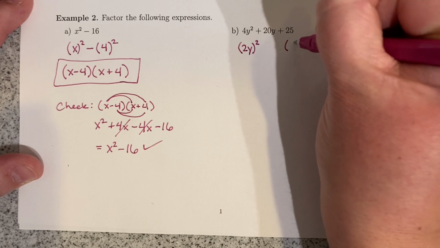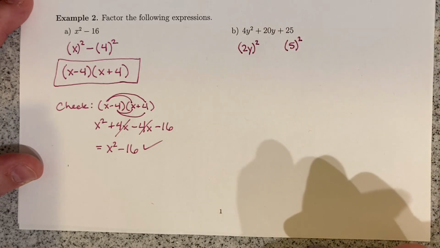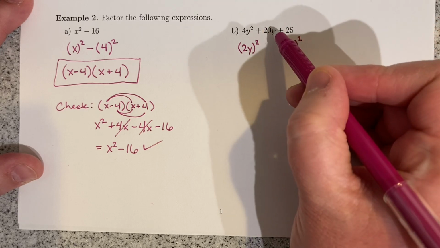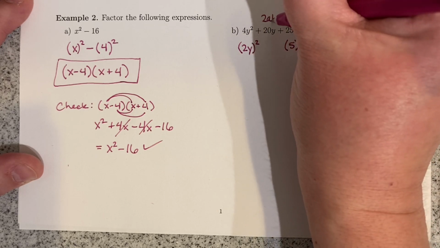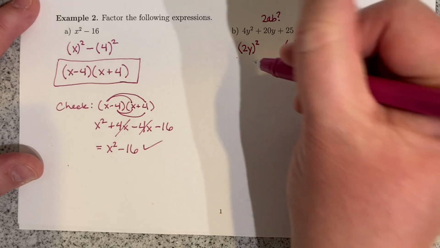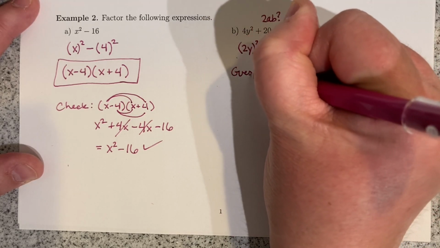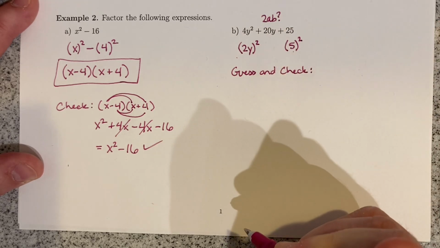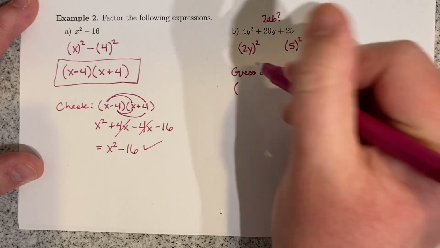We're ending in a perfect square, 5 squared. So basically what we're asking is, is the middle the 2ab? 2 times this. Or just guess and check. That was always an alternative to the AC method anyways.